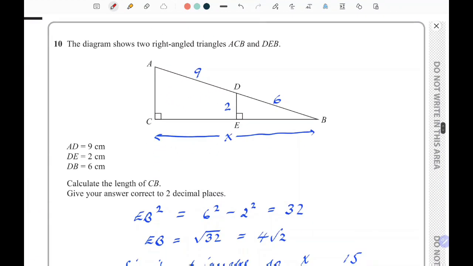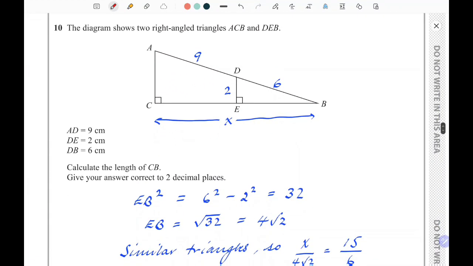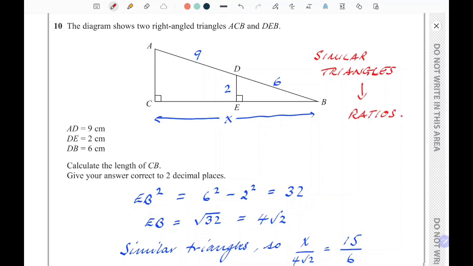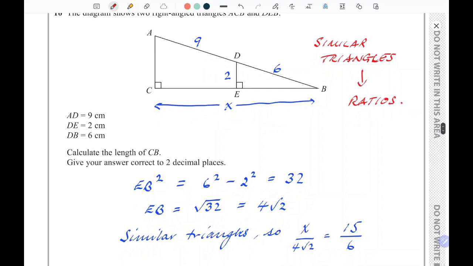Right, question 10. This one is perhaps simpler than it actually looks, and the principle here is similar triangles and ratios. All to do with ratios. We are given this information.